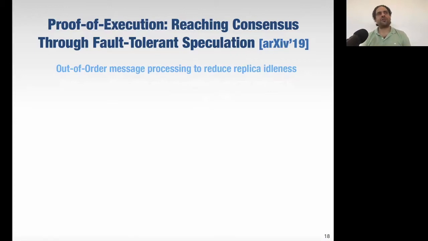But now our question was, what if we revisit the role of every voter, the role of every endorser, in such a way that when a voter endorses a transaction, it does so primarily based on its own local computation, with minimal knowledge of the state of every other node?